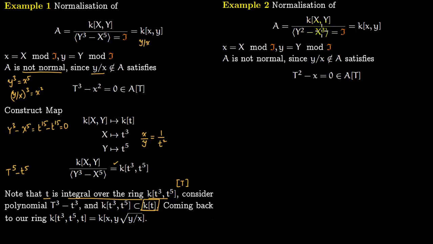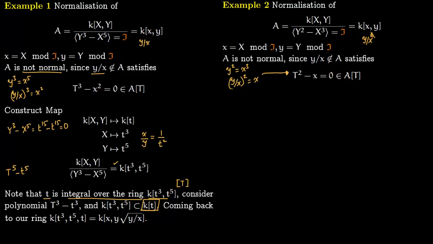Using this equation, y square is equal to x cube, so y over x square is equal to x. We write this in the format T square minus x equal to 0, and y over x satisfies this equation. Basically the equation is here, but y over x does not lie here. This y over x is a fraction, not an element of k[x,y].